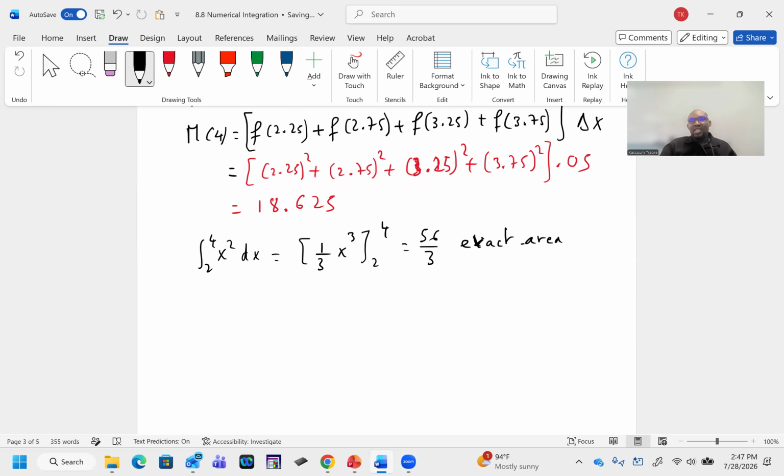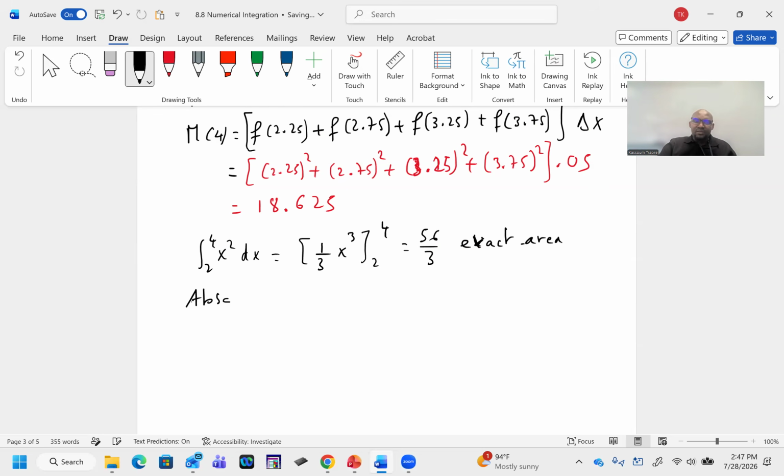That's the exact area. This is the approximation using what? The midpoint. So now if I want to know the absolute error, I can find the absolute error, right?